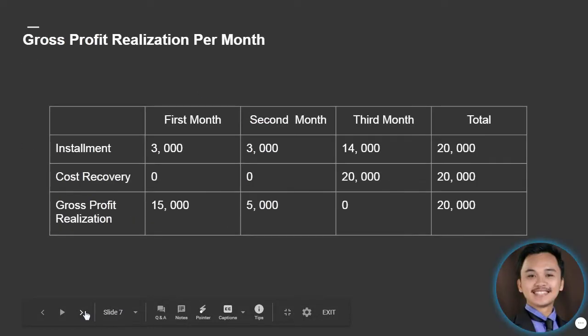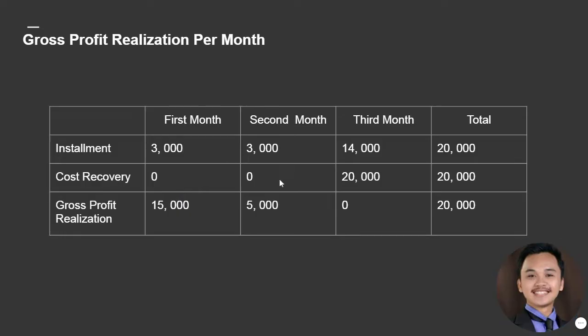In this case, for the first month, the entire 15,000 will be accounted as the total cost, since again the total cost of our merchandise is 80,000. Meaning we must collect the 80,000 before we recognize gross profit. So for the first month, since we have only collected 15,000, we will not recognize any gross profit.